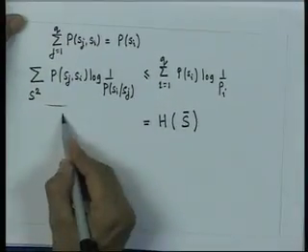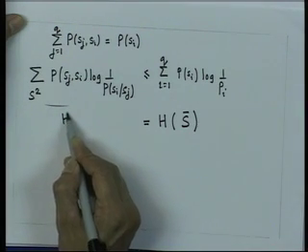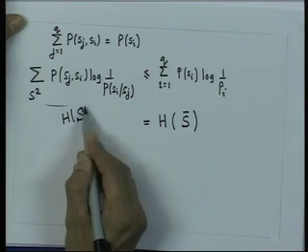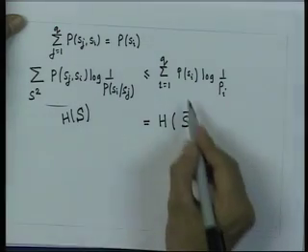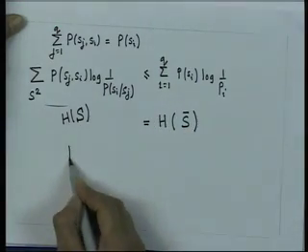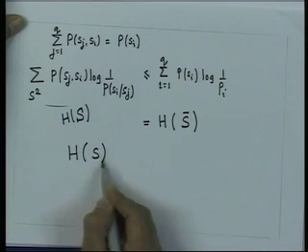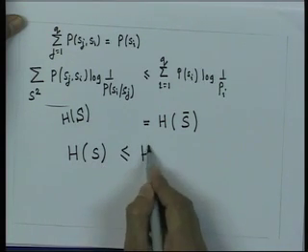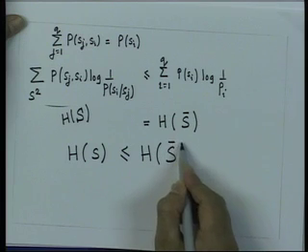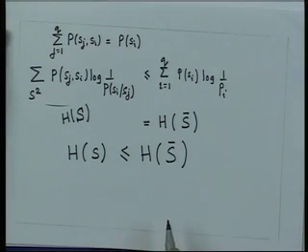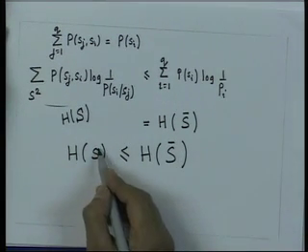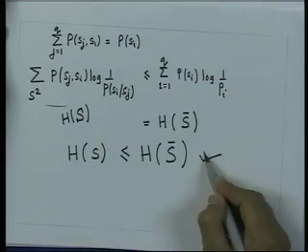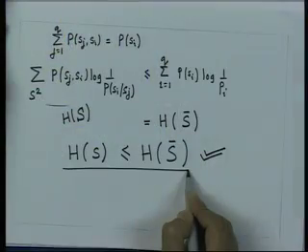So, this expression is nothing but the entropy of the Markov source. So, from this relationship we get H of S is less than or equal to H of S bar. We have shown this for a first order Markov source, but this is also valid in general for any order Markov source.